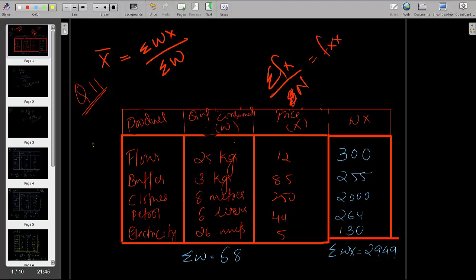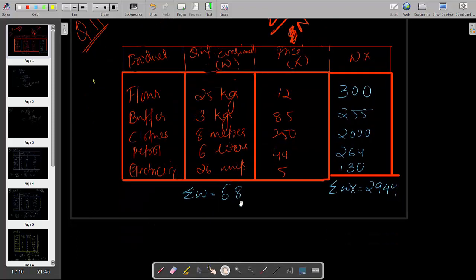Okay, now if you multiply this one, mean is equal to sigma Wx divided by sigma W, which is equal to 2949 divided by 68.